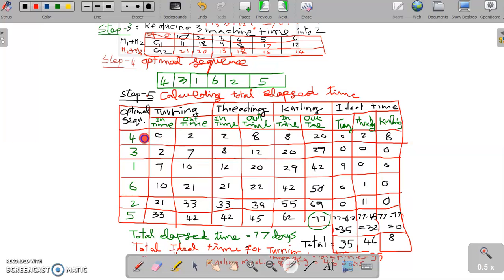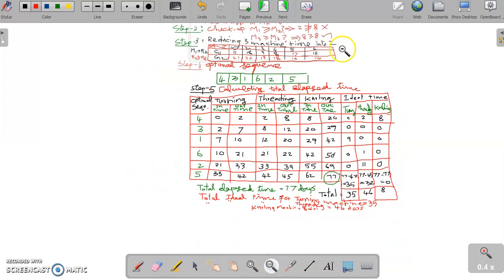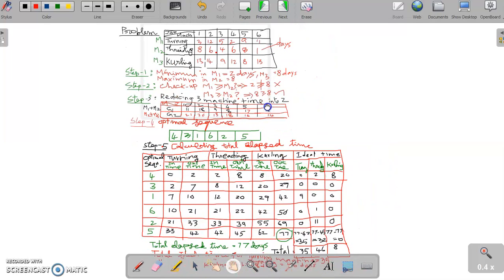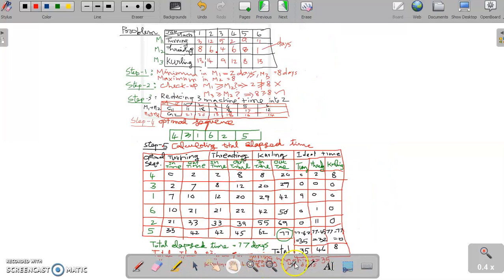Which machine? The turning machine, you have to go for the turning machine. Turning machine for job 4 is 2 days.